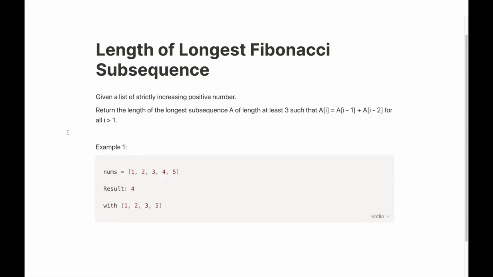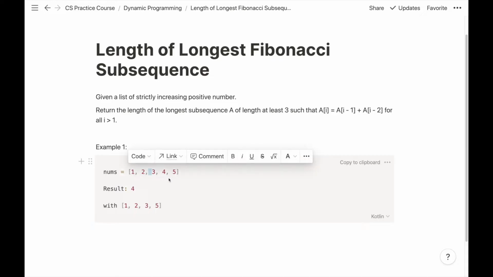And so subsequence here means that we are looking for a non-contiguous subsequence of the array, such that the sum of every two elements is equal to the next one. So here, if we take a look at this example, 1, 2, 3, 4, 5, 1 plus 2 is 3, so this subsequence is definitely in.